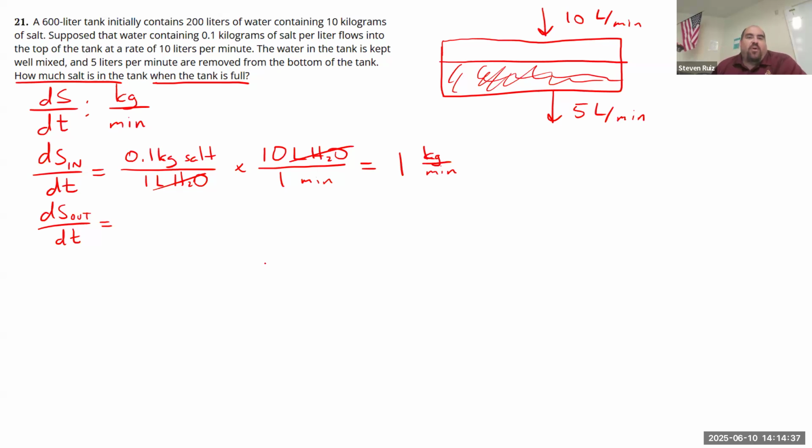So you're told that the water is well mixed when it leaves, and we know that 5 liters per minute. So how many kilograms of salt are in this tank? Well, we don't know how many, but we're giving it the name S. So S kilograms of salt, and that's dissolved over how much water? I don't know, but I can generalize it. It's going to be 200 plus 5 times T liters of water.